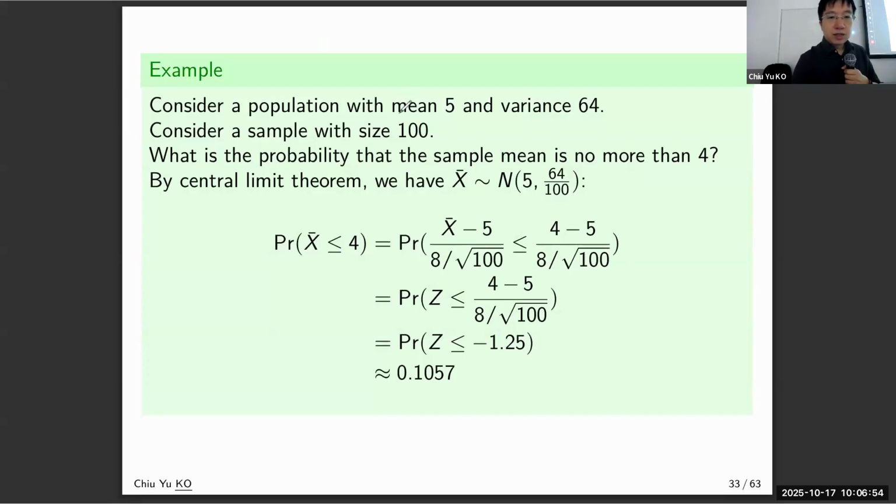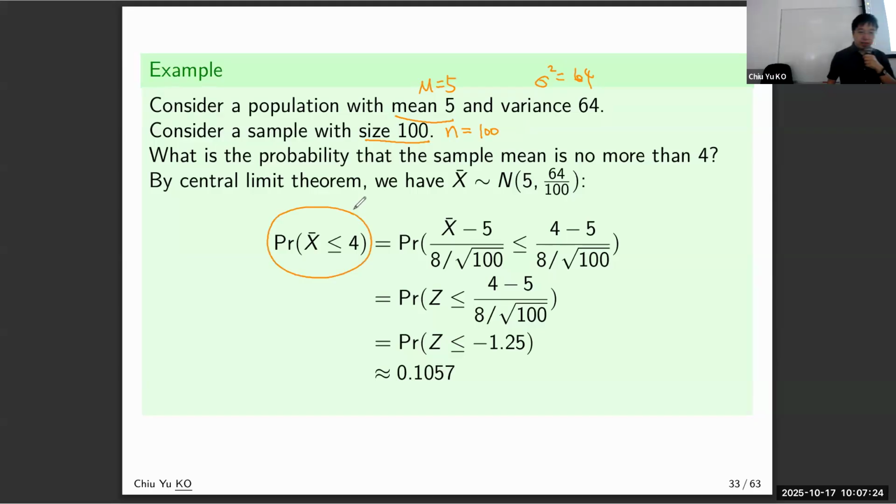Mu is 5, sigma square is 64, and the sample size n is 100. And we ask: what is the probability that the sample mean is no more than 4? So this is the question.